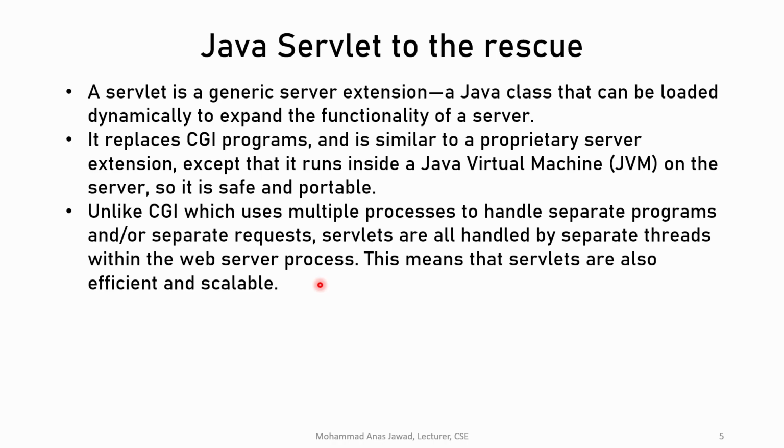Again, we will see what a web container is later on. And the web container, instead of spawning a separate process for that request, simply spawns a thread which handles that request. Okay, so this ensures that we are properly utilizing all the resources at our disposal on the server side.